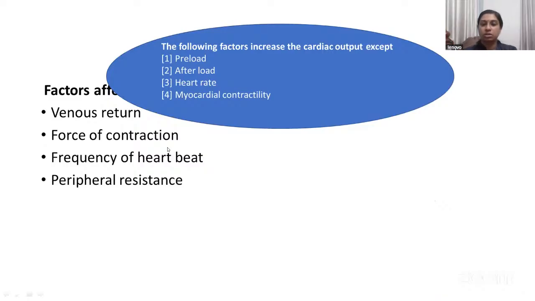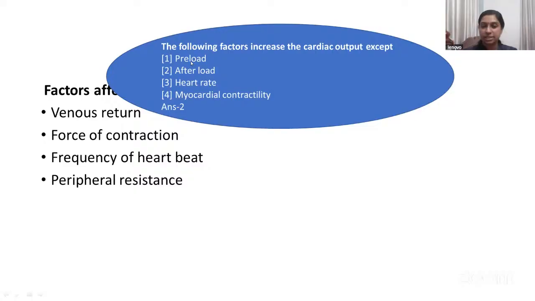So, the following factors increase the cardiac output except: the options are preload, afterload, heart rate, myocardial contractility. The answer is afterload, obviously, and afterload is a factor which does not increase the cardiac output. Why?